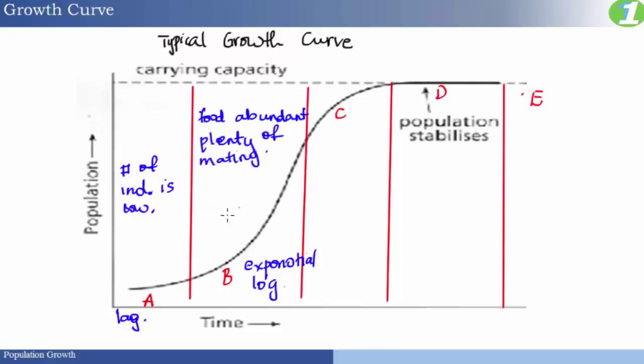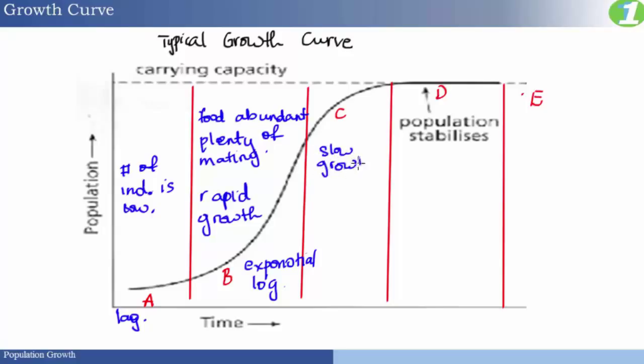And also incidence of death and diseases is low. So space is available, water is available. All the factors that I mentioned before, they are abundant in this phase right now. And this fosters growth at a significantly high rate. So this is a period of rapid growth. Now in C, this is the second period of slow growth.